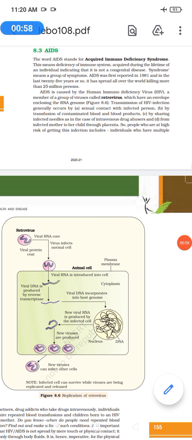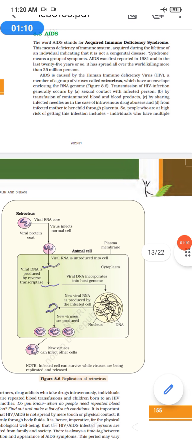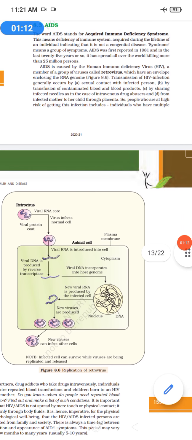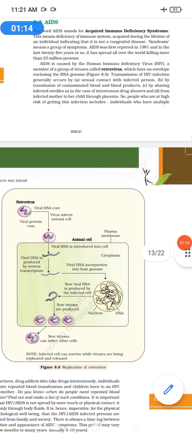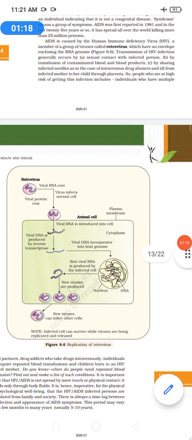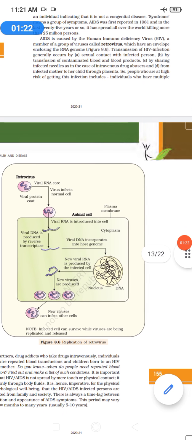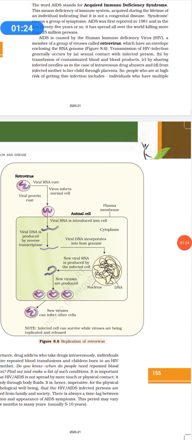Transmission of HIV infection generally occurs by sexual contact with an infected person, by transfusion of contaminated blood and blood products, by sharing infected needles as in the case of intravenous drug abusers, or from the infected mother to her child through the placenta. So these are the modes.